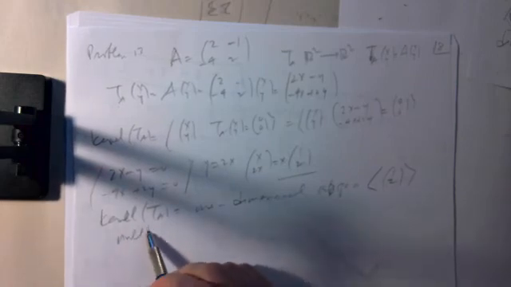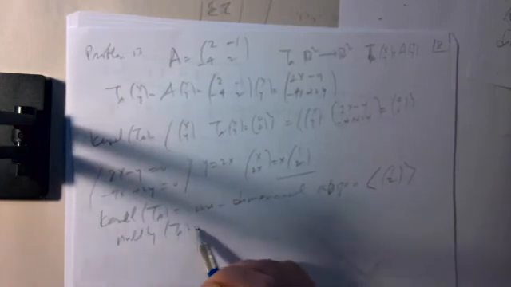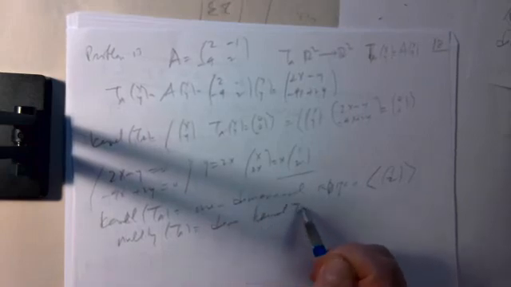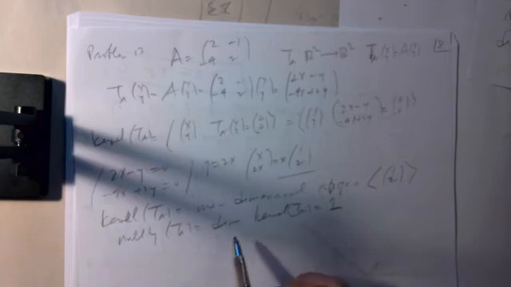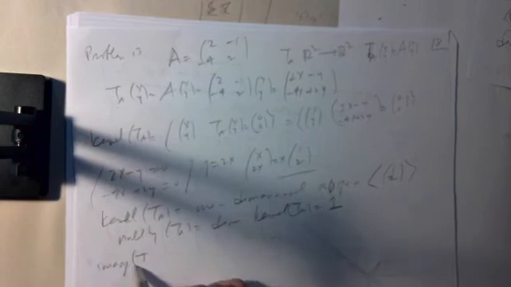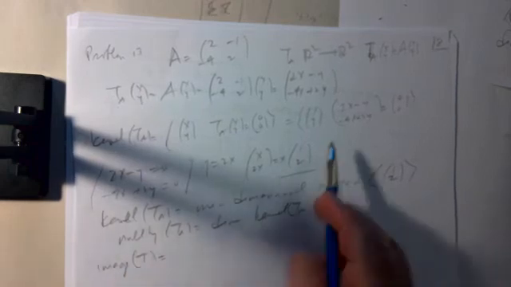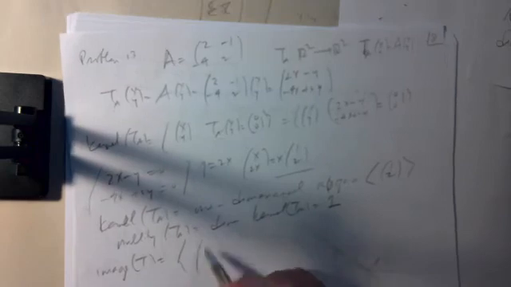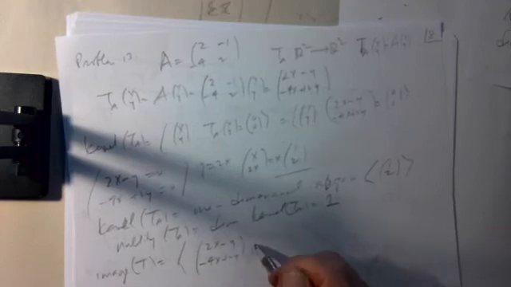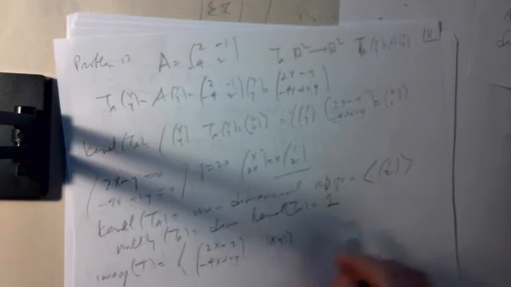So the nullity of T is the dimension of the kernel, which is 1. What is the image of T? The image of T is all vectors 2x minus y, minus 4x plus 2y for any numbers x and y.